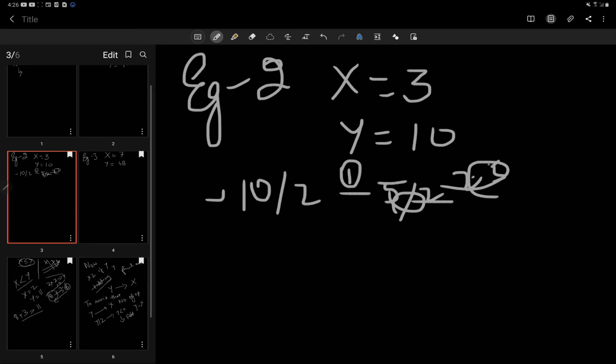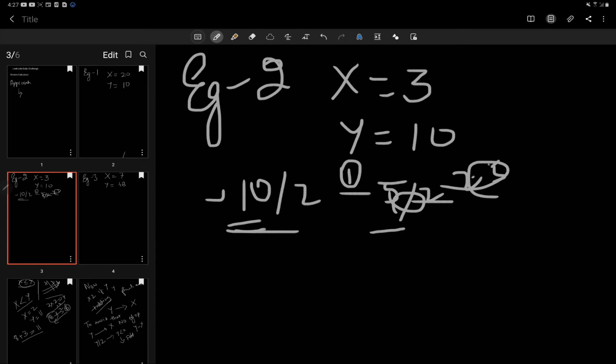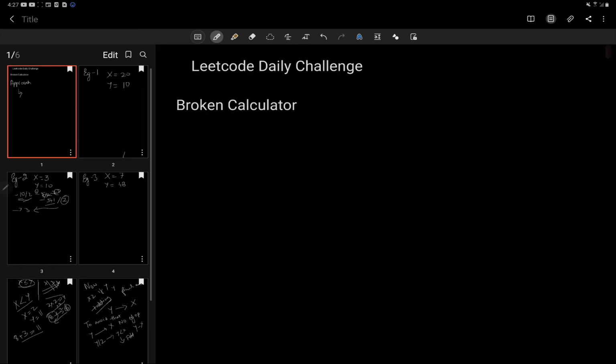So we check that if the number is even, only then we divide it by 2, but if the number is odd, we add 1 to it and then divide it by 2. Since 5 is odd, 5 plus 1 is 6, and 6 by 2 is 3. This gives our final answer. So how many operations did we do? One here, second here by adding, third here, and then finally we get our answer. So let's move to the approach.